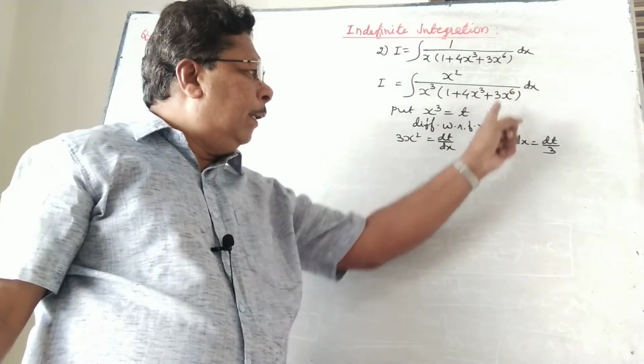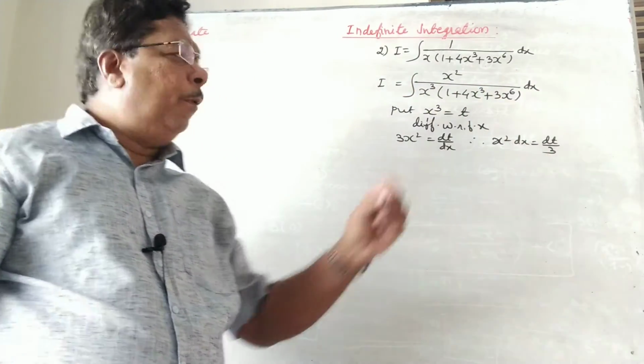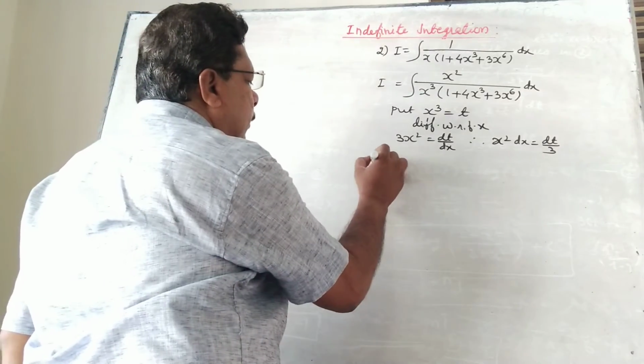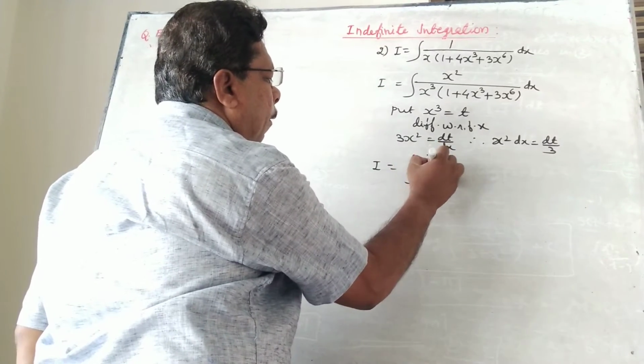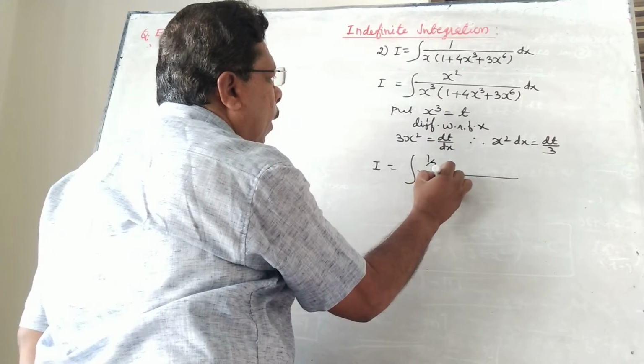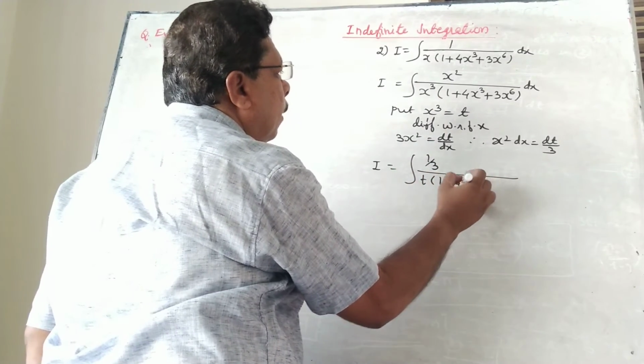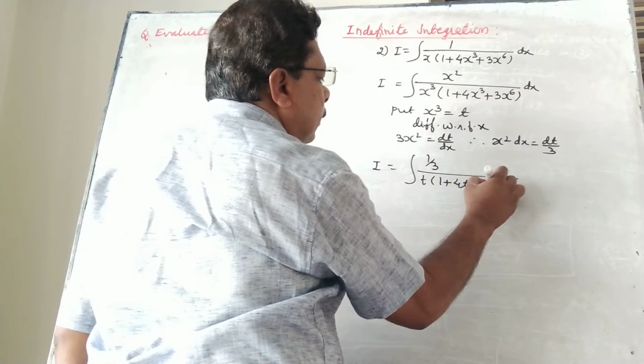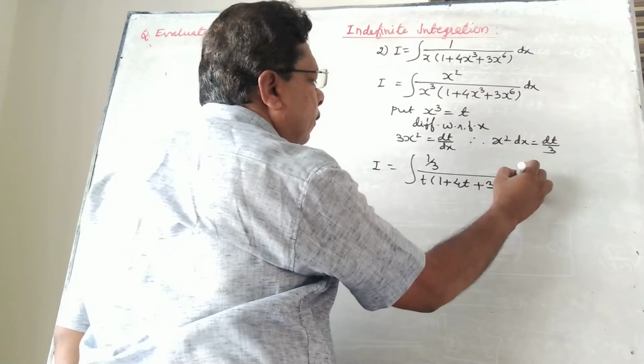The numerator is x square dx, and x square dx is equal to dt upon 3. So the new integral is 1 upon 3 divided by t, into (1 plus 4t plus 3t square) dt, where x cube is t.